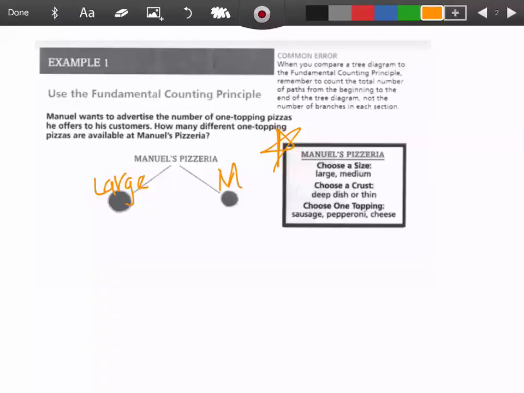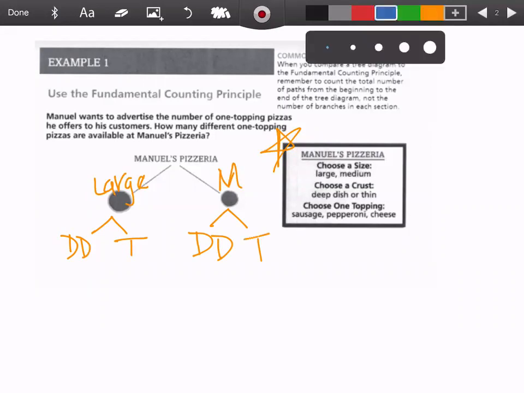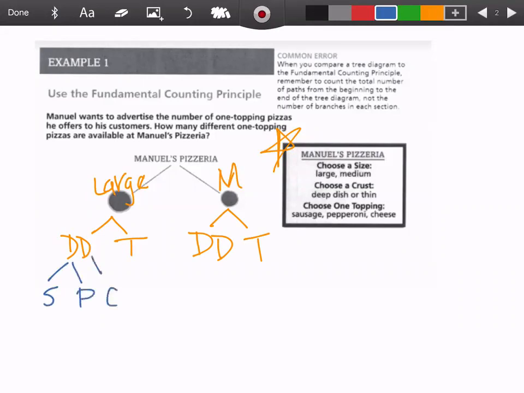With the large, you could get either a deep dish pizza or a thin crust pizza. Same thing with the medium. We could get a deep dish pizza or a thin crust pizza. Then on those different types of pizzas, we could get sausage, pepperoni, or cheese.